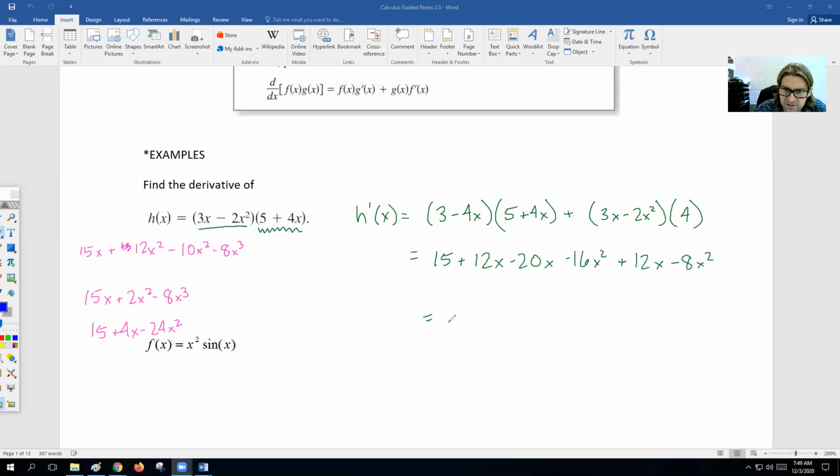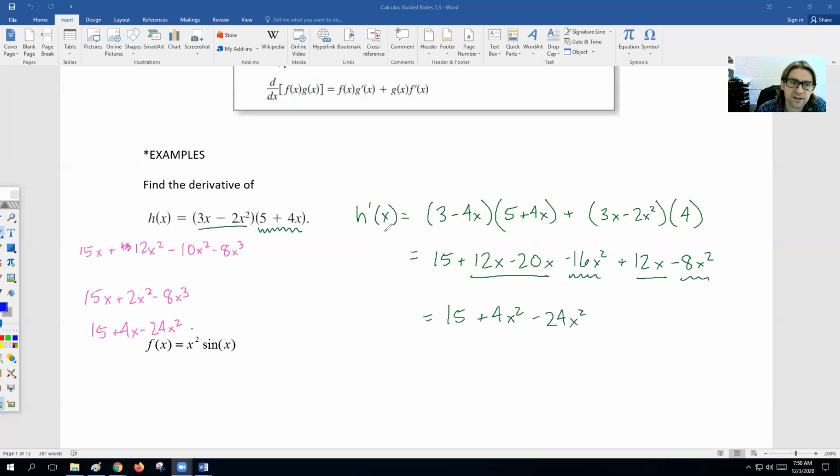And if we simplify this, we'd have a 15. How many x's do we got? We got 12 minus 20 plus 12, so 24 minus 20, that'd be 4. And then we'd have a minus 16 and a minus 8, that makes a minus 24x squared, which is the exact same thing that we got here.